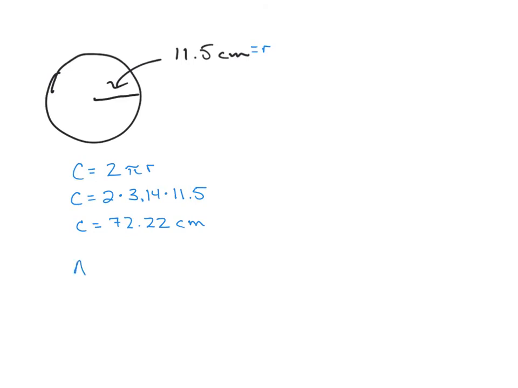All right, let's look at area. We have A equals pi r squared, so if we plug in, we get A equals 3.14 times 11.5 squared, or 11.5 times 11.5.